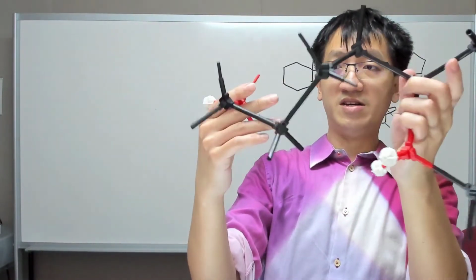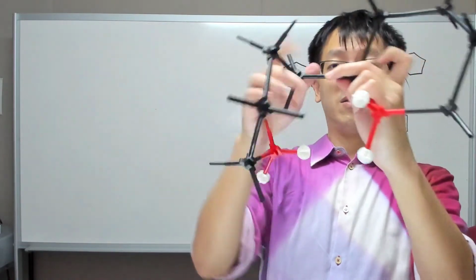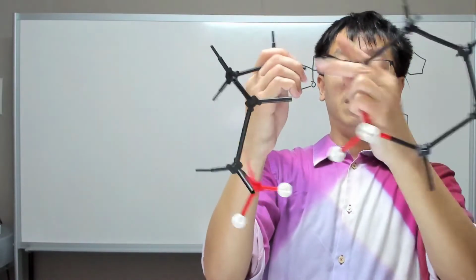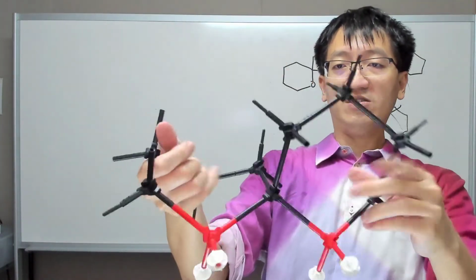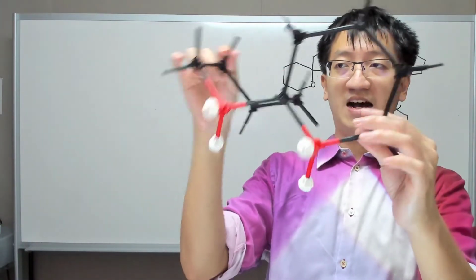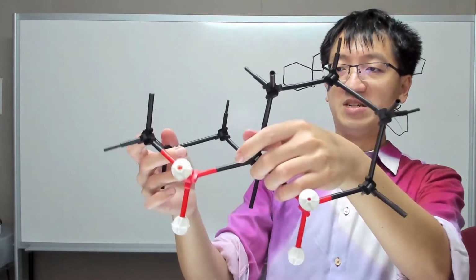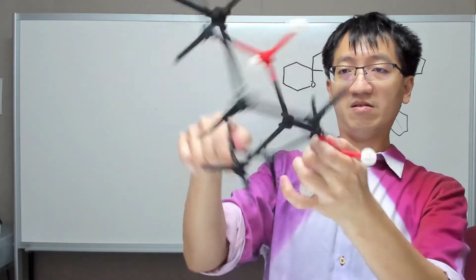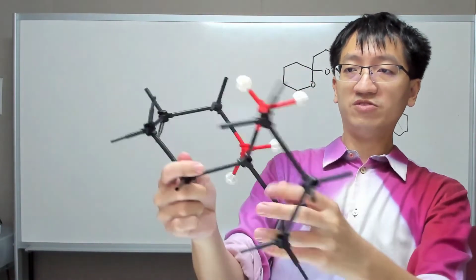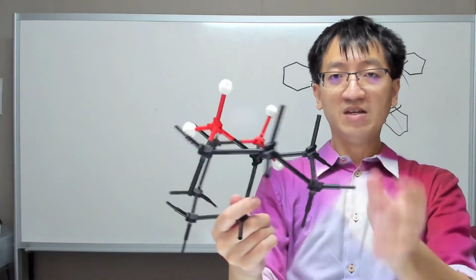Sorry, I think this might be a little bit easier. Yes, something like this. Before that, I'm going to showcase two chair conformations so that it's easier. These are the two chair conformations.